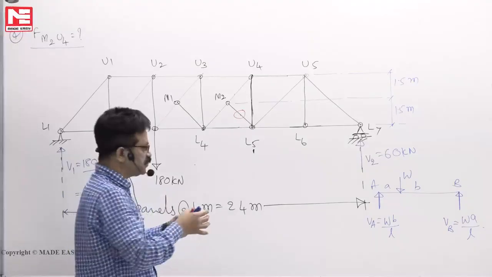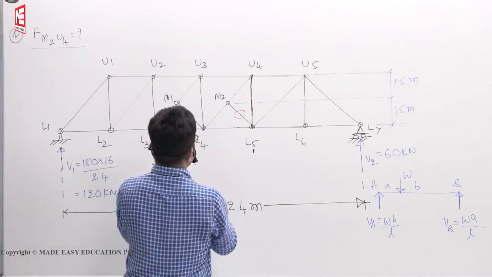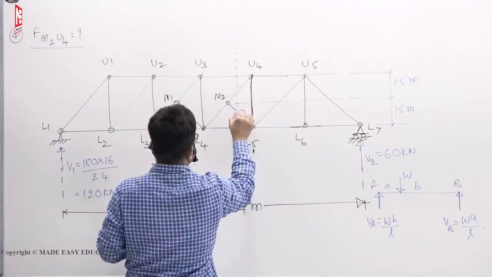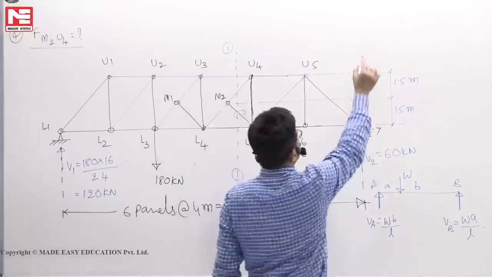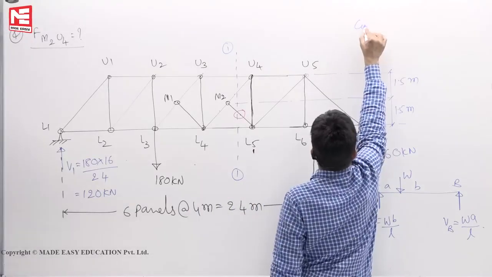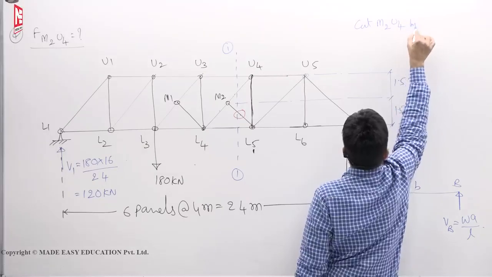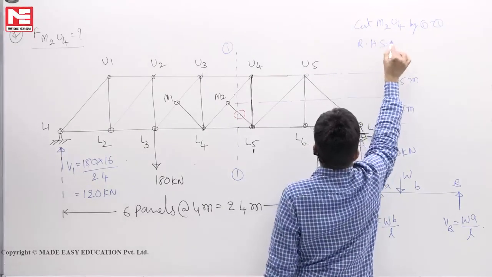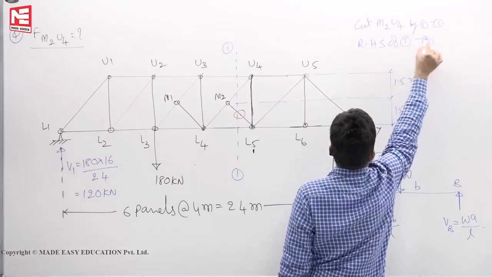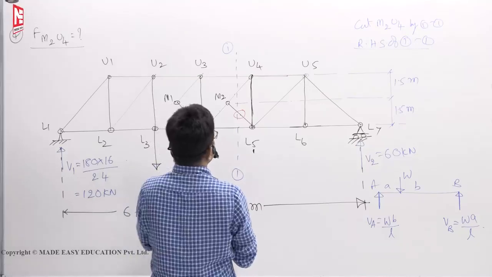Now the headache is gone. Now if I cut it vertically by section 1-1, this is what we are doing: cut M2U4 by section 1-1. You can take the RHS of 1-1, so keep the arrow mark on the RHS of 1-1 only.